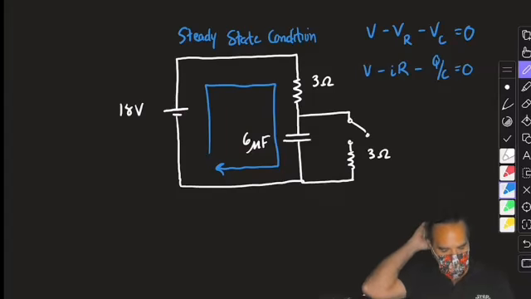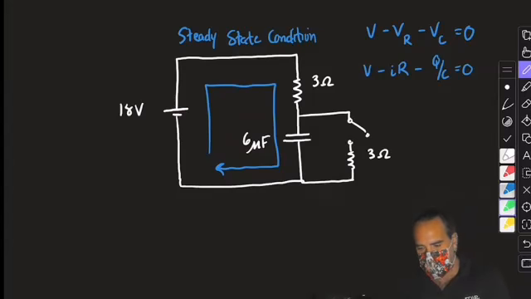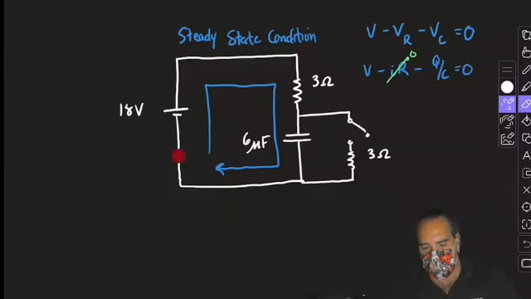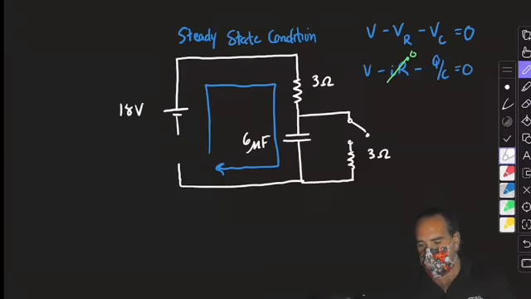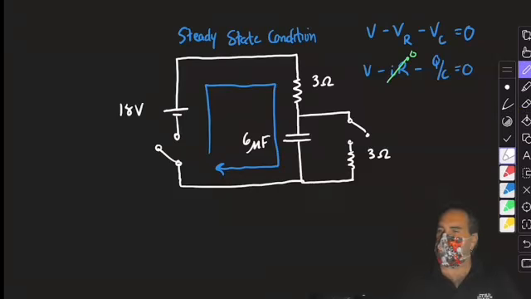Now, knowing that this is going to be 0 because there's no current is really just a cop-out, because there had to be a time in which that capacitor was not charged. Maybe a time when I first set up the circuit and had a switch here. And at that moment, the capacitor wasn't charged, and then I closed the switch.